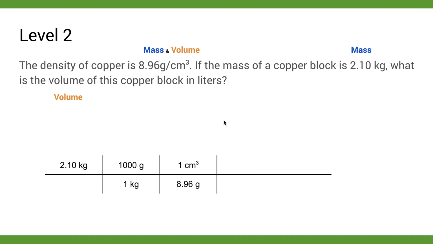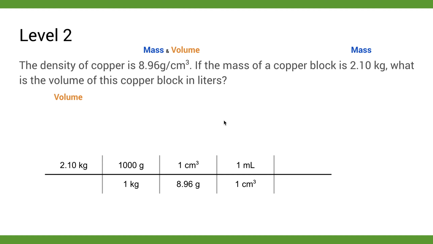Okay, and now we have the volume, cubic centimeter, but that's not the unit we want. We want the unit in liters. So we need to think about how we are going to get cubic centimeters to liters. This is the part where you have to have some background understanding of some units, which is that 1 centimeter cube is the same as 1 milliliter, and that's why we put the next conversion factor right here.